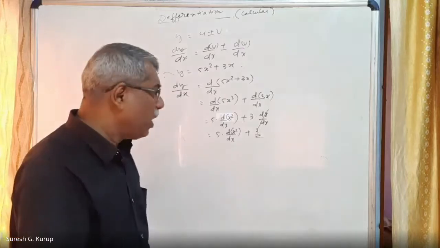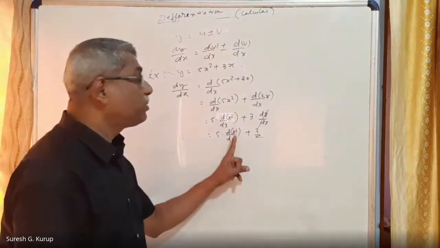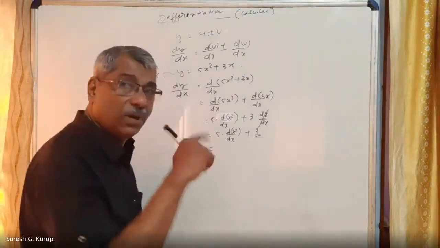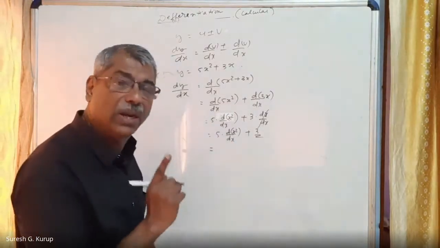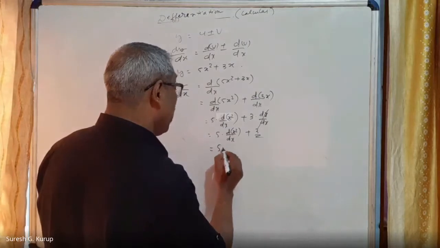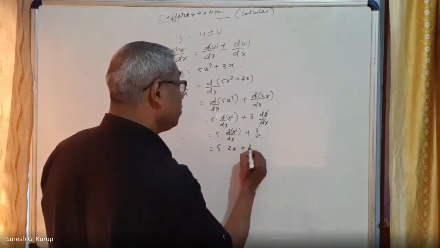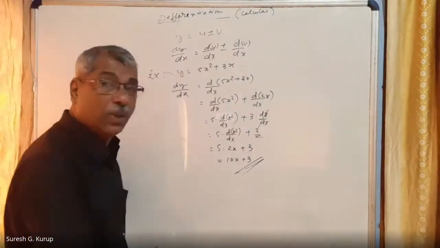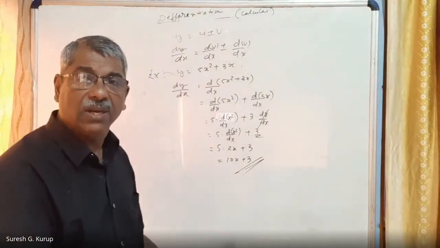Am I correct? After some time you will learn that d by dx of x squared is equal to 2x. When I explain it, then only you will understand. So this is equal to 5 into 2x plus 3, that is equal to 10x plus 3. This one I will explain later. So this is the sum rule.